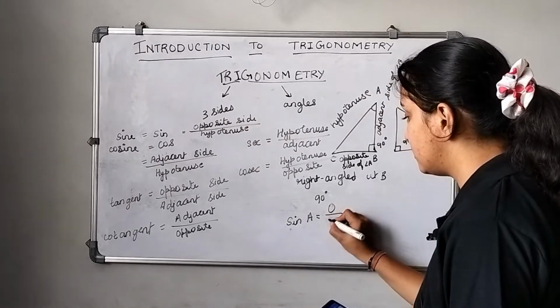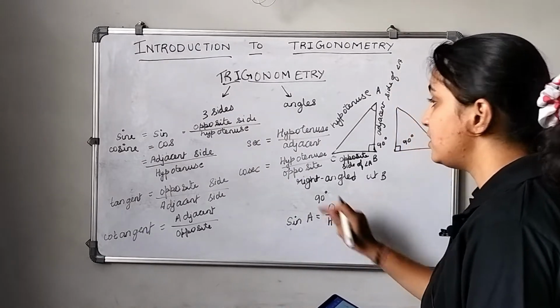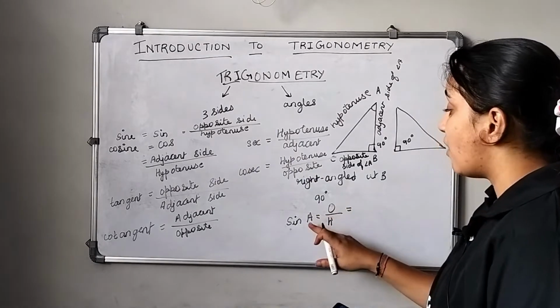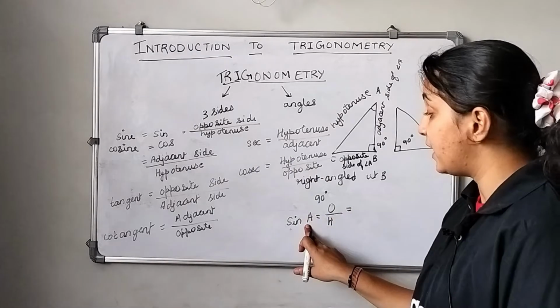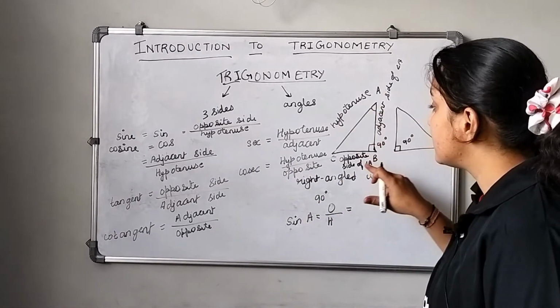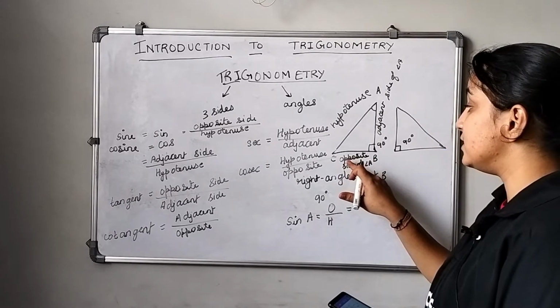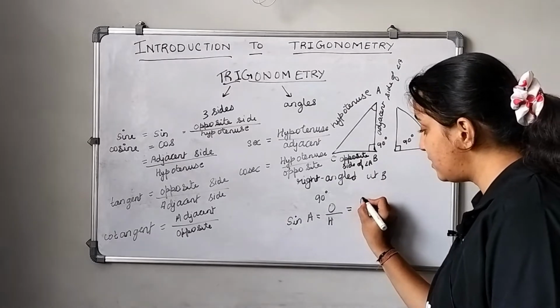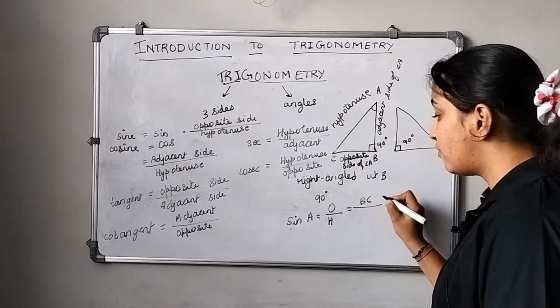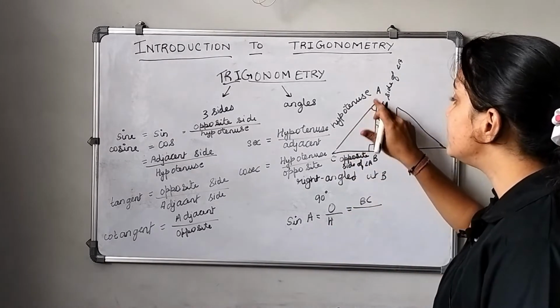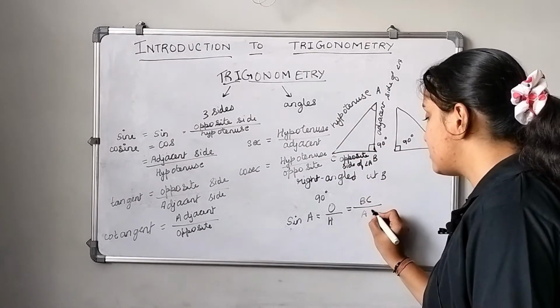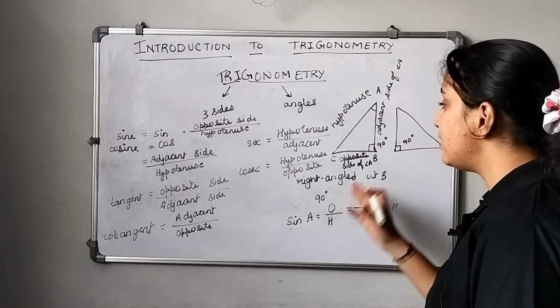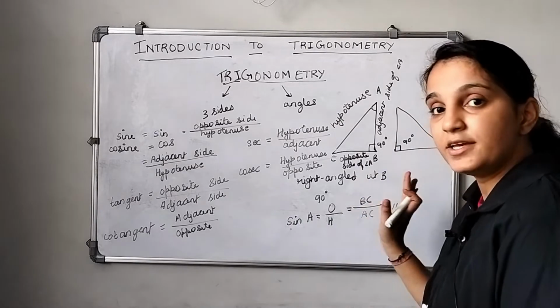Which is the opposite side of angle A? BC. So I'll write here BC. And what is the hypotenuse here? Which is AC. So sine of A is BC upon AC.